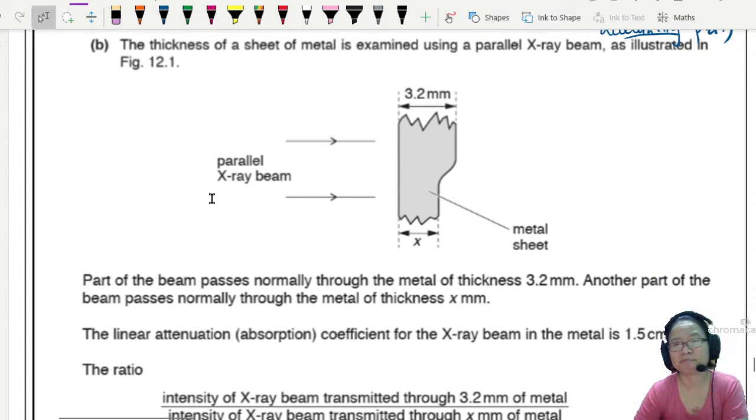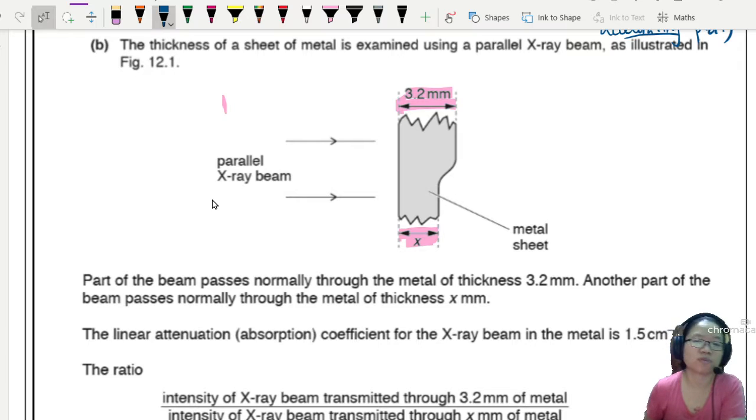The thickness of a sheet of metal is examined using a parallel X-ray beam as illustrated in figure 12.1. So you have 3.2 mm here, from here to here is 3.2 mm, and then you have the distance x. So the thickness is different.